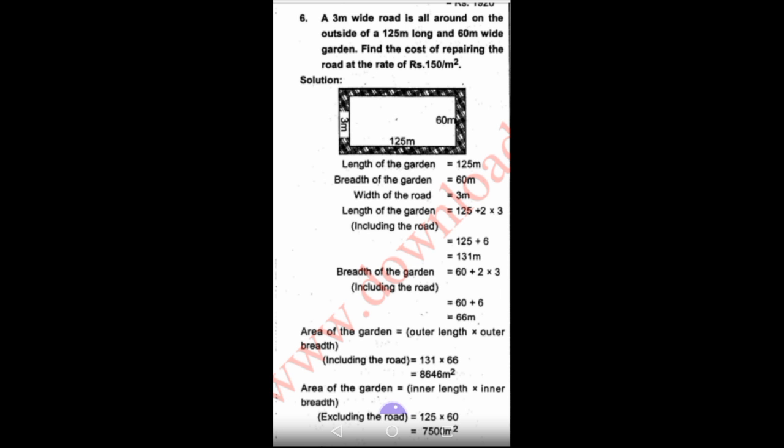Area of the garden equals inner length into inner breadth, excluding the road. Putting the values in the formula, 125 multiplied by 60 equals 7,500 meter square. This is the area of the inner rectangle.